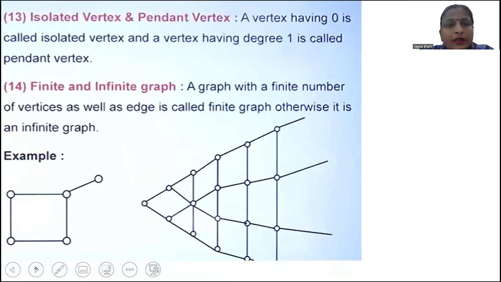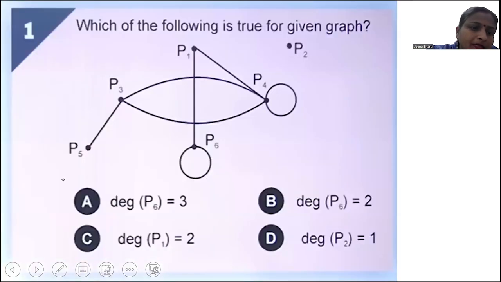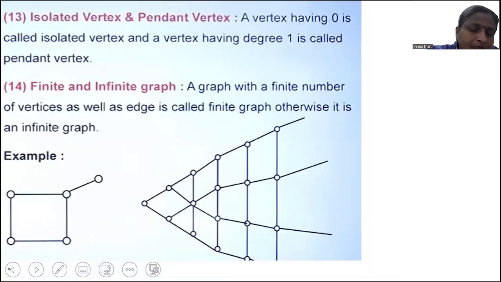Then the isolated vertex and the pendant vertex. A vertex having 0 degree is called the isolated vertex, and a vertex having only 1 degree is called the pendant vertex. In this graph, this vertex has only 1 degree, so it is called the pendant vertex.